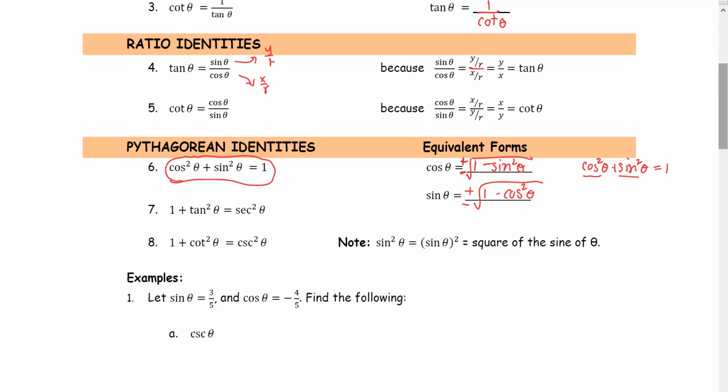Divide this identity by cosine squared. Cosine square over cosine square returns 1. Sine square over cosine square is tangent square. It equals 1 over cosine squared, or the reciprocal of the cosine squared, which is the secant squared. That will give you number 7.